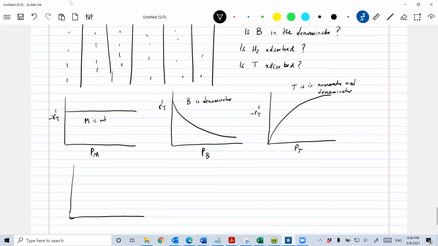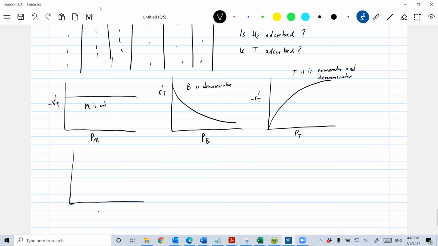And lastly, let's say we look at hydrogen, the pressure of hydrogen and the rate, and we see that it's straight. It goes straight up. What this means is that hydrogen is only in the numerator, because as you increase its pressure, it doesn't change.